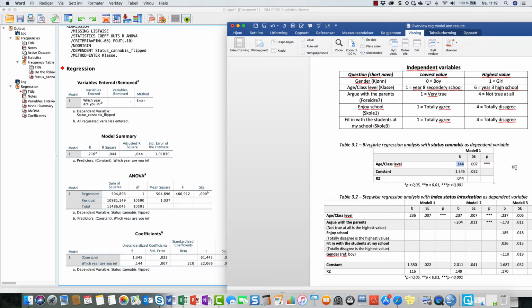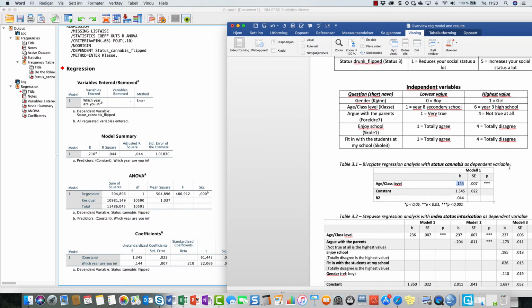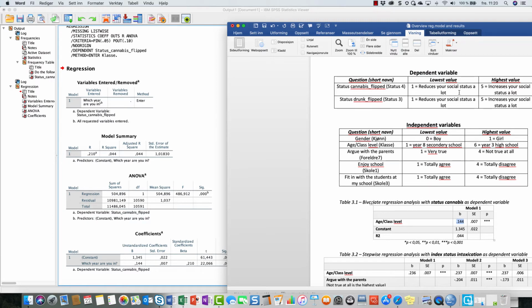It's less than 1. You have a point in front of the 1, but I don't put in the 0, so you don't usually do that for regression coefficients. You just put in .144, for example.